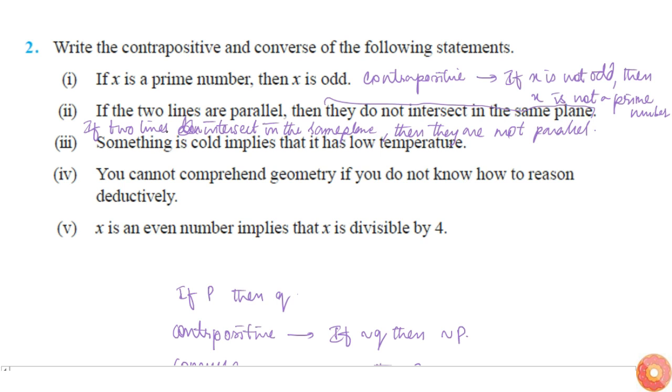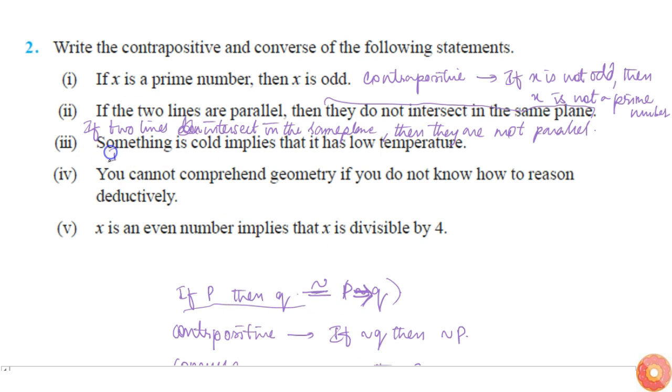Now for the third one, the statement is something is cold implies it is low temperature. So this is in the form of P implies Q, and I can write its contrapositive.